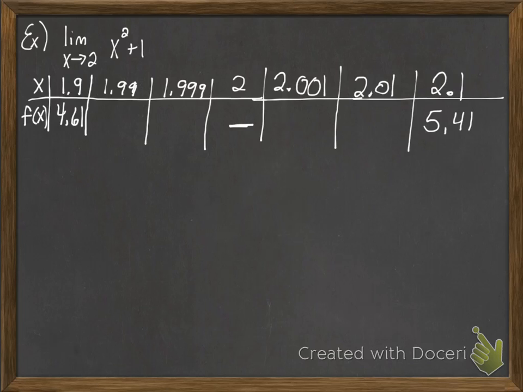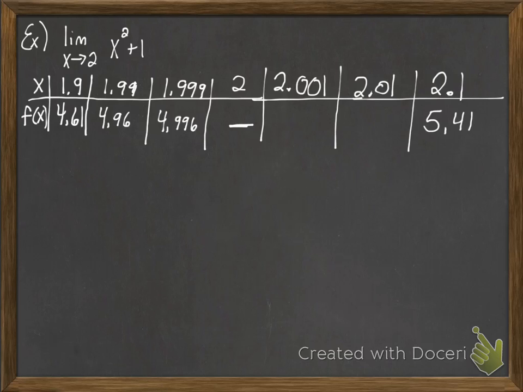So if you do 1.99 squared plus 1, 4.96. And then 1.999 squared plus 1, 4.996.